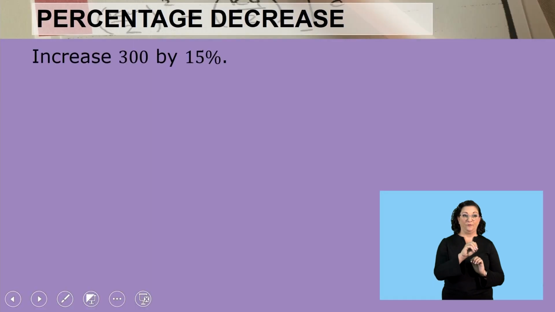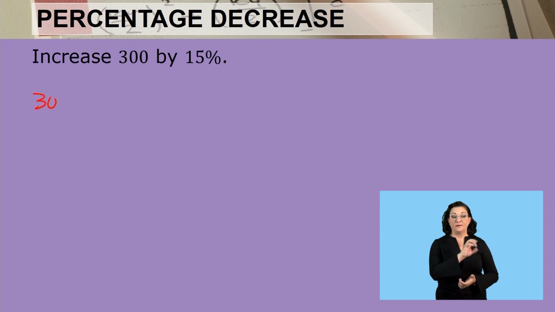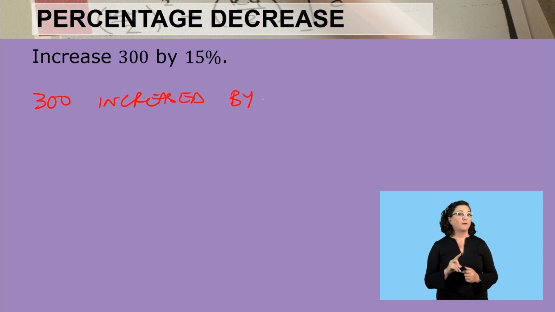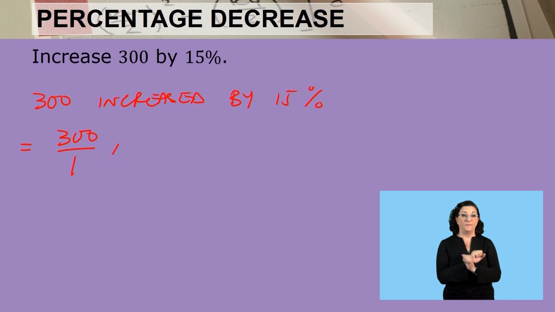Increase 300 by 15%. Remember, we're saying 300 increased by what? By 15%. And this is actually equal to 300 over 1 multiplied.